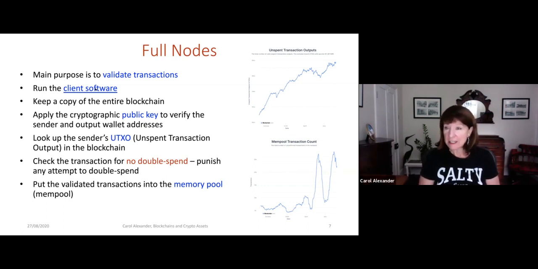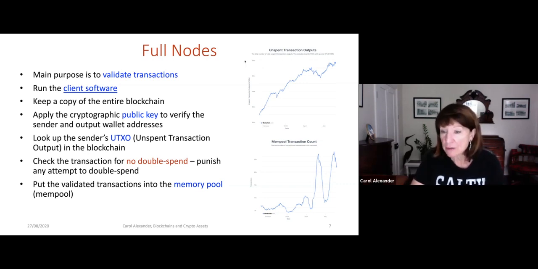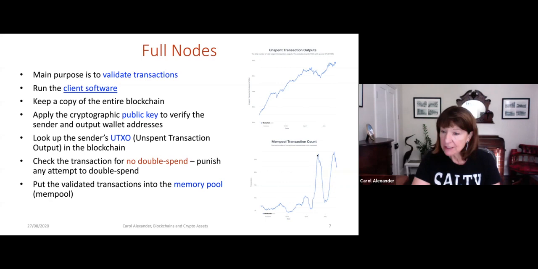And once they've validated the transactions, they put them into something called the mem pool, or the memory pool. And here you can see some graphs of the growth over the last year of UTXOs in the network and the memory pool transaction count. So there was a lot of activity going up to, on average per day, 25,000 transactions in the memory pool.